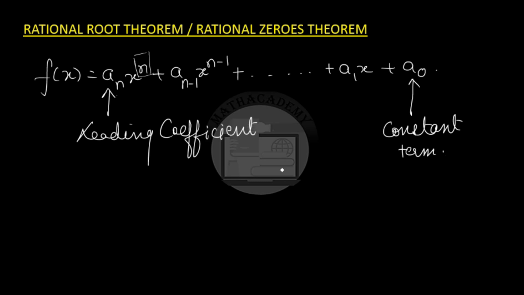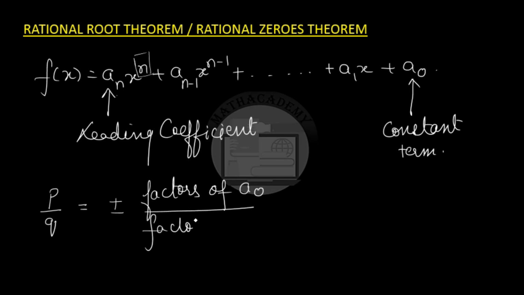So the rational root theorem helps us to determine all the possible rational values in which our rational roots will lie. So the possible values are p by q, the rational form, equal to plus minus factors of the constant term, which is a 0, divided by the factors of the leading coefficient, which in this case is a n.